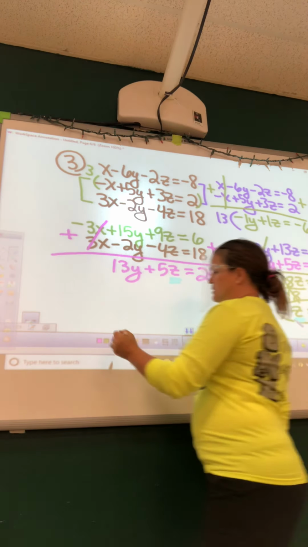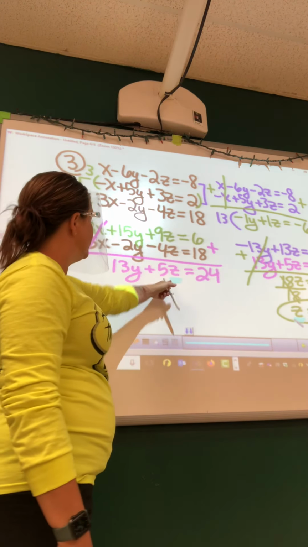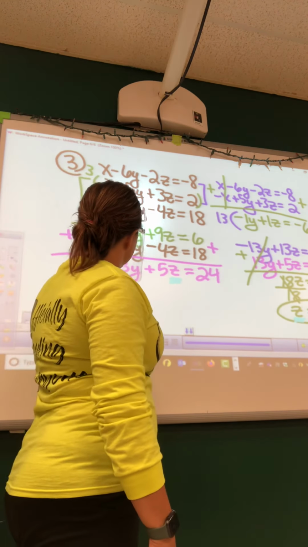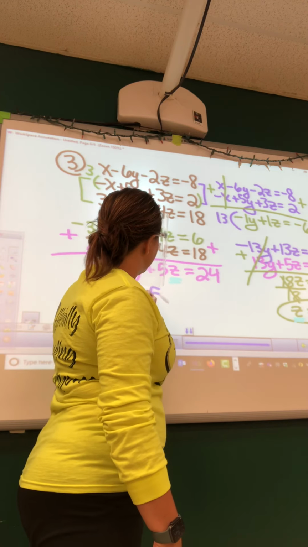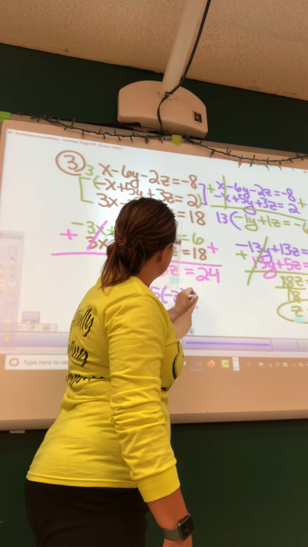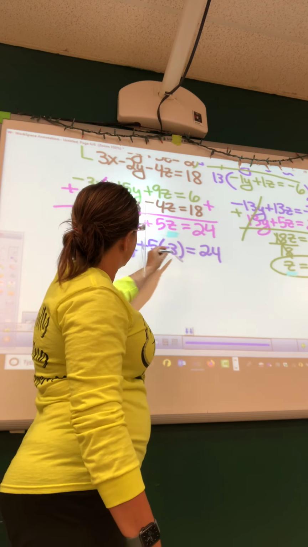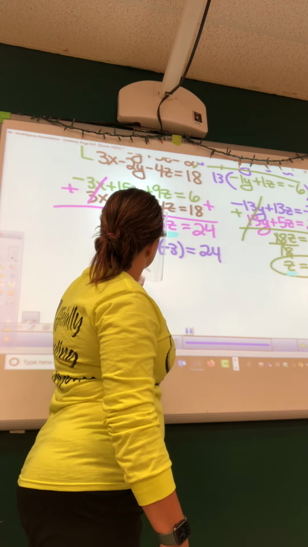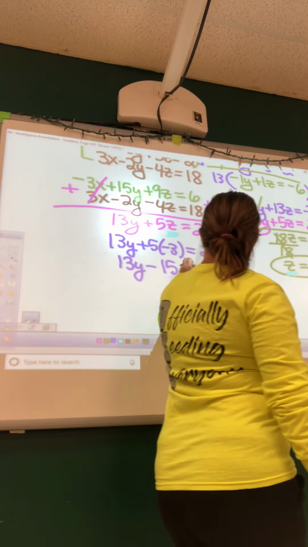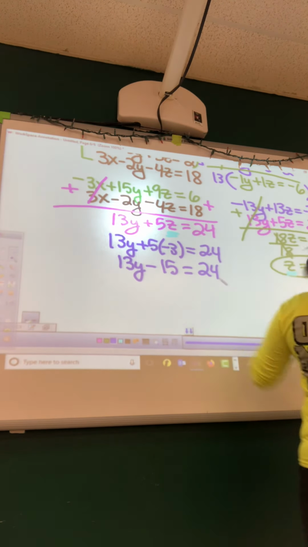All right, so we're going to go in here, and we have 13y plus 5 times my negative 3 equals 24. That gives me negative 15. Moving it to the other side would be doing what?